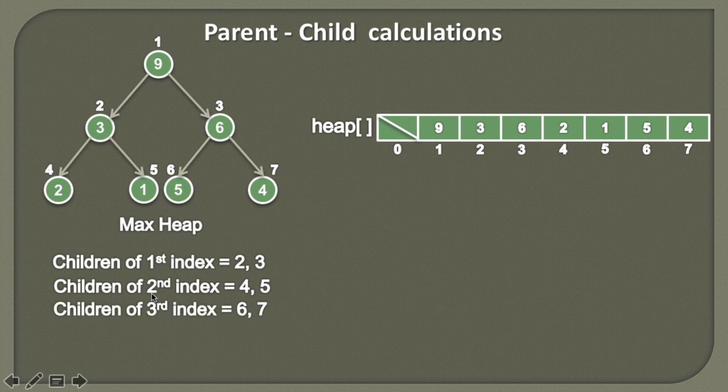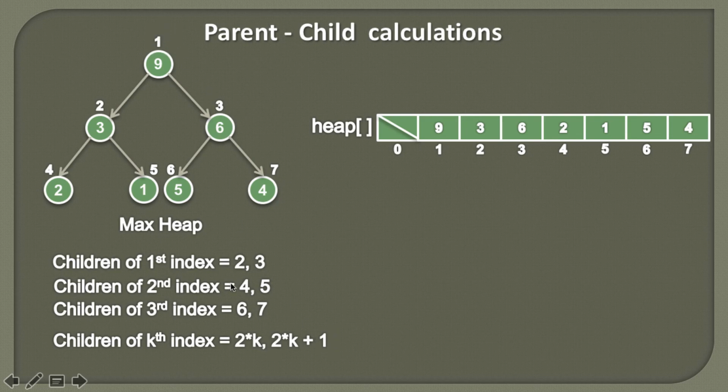And we also saw that the children of the third index, which is this, are at 6 and 7. So if we are given any particular index, let's say the kth index, and we want to find its children, then the children of the kth index would be 2 times k and 2 times k plus 1.